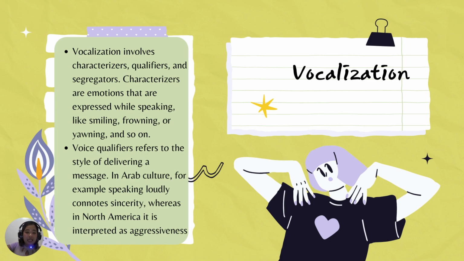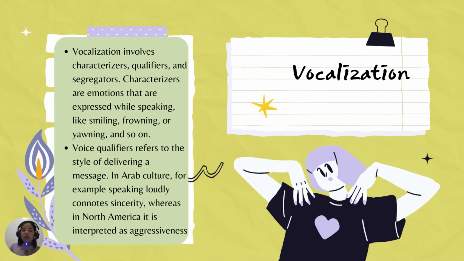Voice qualifiers refer to the style of delivering a message. In Arab culture, for example, speaking loudly connotes sincerity, whereas in North America, it is interpreted as aggressiveness. So in short, the voice indicates what kind of culture you come from, and therefore what type of feedback and interpretation we are going to deal with in the message they want to give using their vocalization or voice qualifiers.